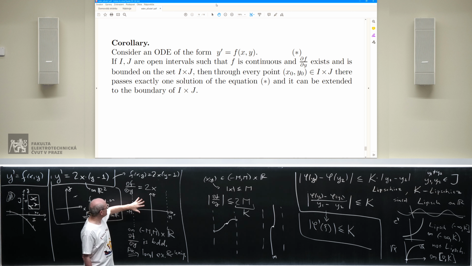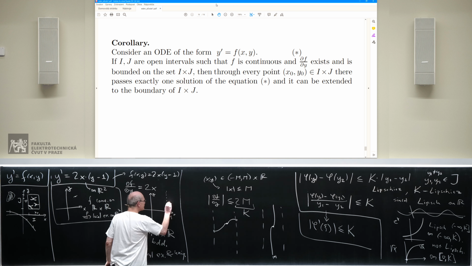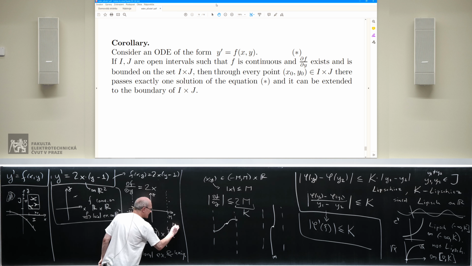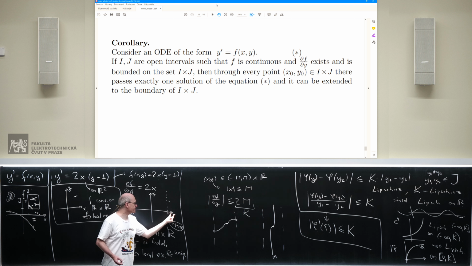So what are the points where I do not have uniqueness? Could it be this one? And the answer is not really, because m here was actually an arbitrary positive number. So when somebody is interested in this particular point, I have no problem making m a little bit larger, and this strip gets wider and swallows up this point.